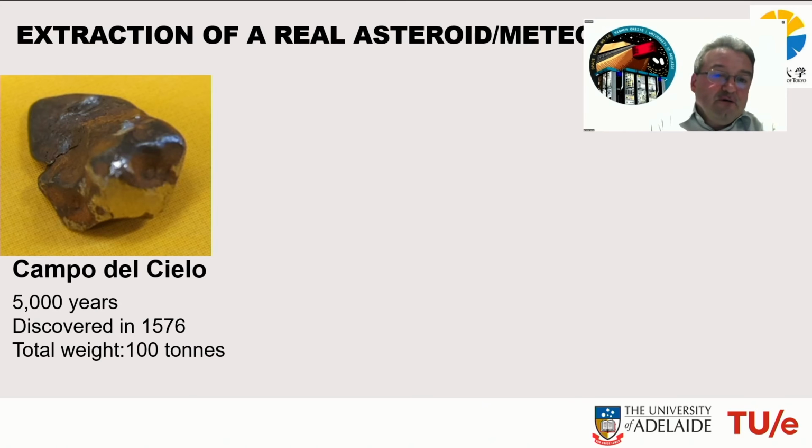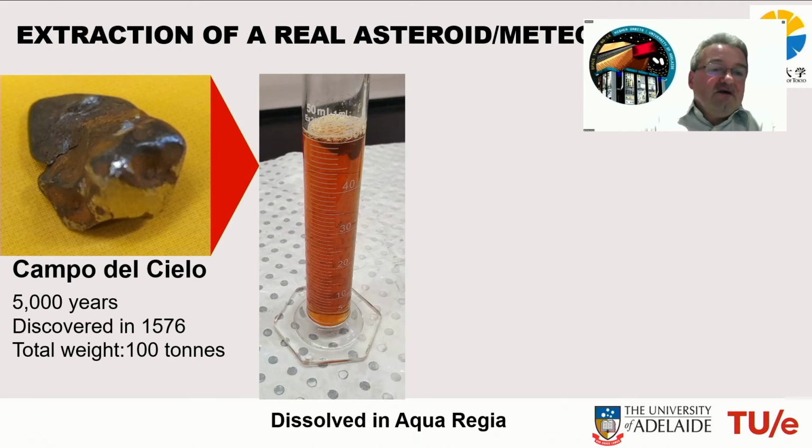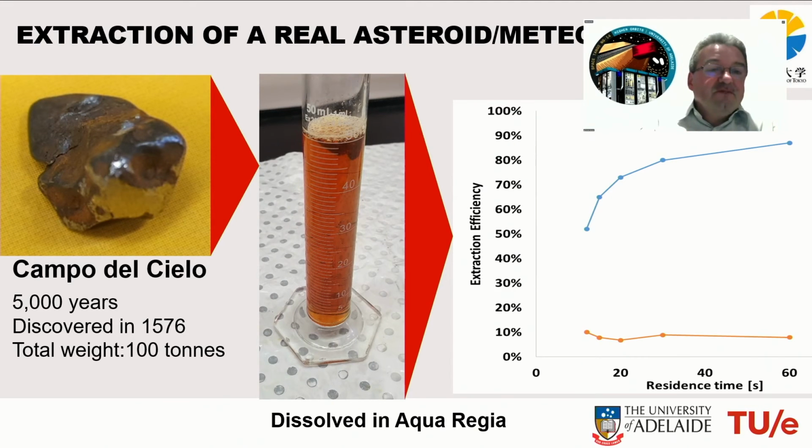So Ryugu and Hayabusa, and he owns the Space Museum in the Tokyo Dome. He gave me this Campo del Cielo meteoroid which fell down on Earth 5,000 years ago in Argentina, and it's the third largest meteoroid ever to hit the Earth. Now with aqua regia, we could leach this meteoroid, and finally we could show that we can extract it as given here.